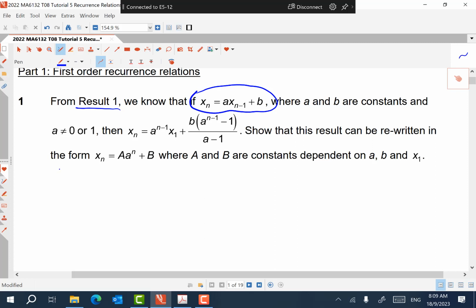So if you are given a recurrence relation like this, it therefore means that your x1 is just x1, and your x2 is simply ax1 plus b. What is your x3? Your x3 will be a of x2 plus b.